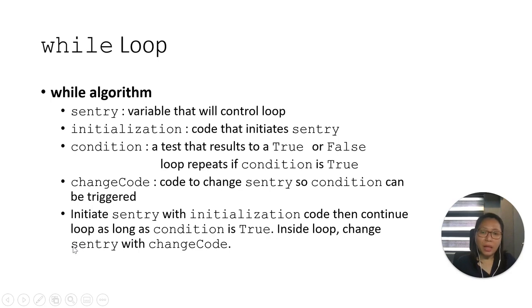So that at some point the condition would become false, and then the loop will end. This is very important because we don't want our loop to run infinitely. So at some point we want our program to stop and not to be stuck inside the loop.